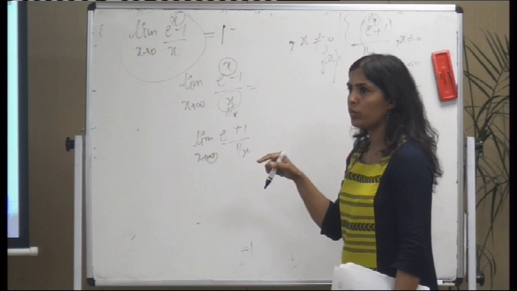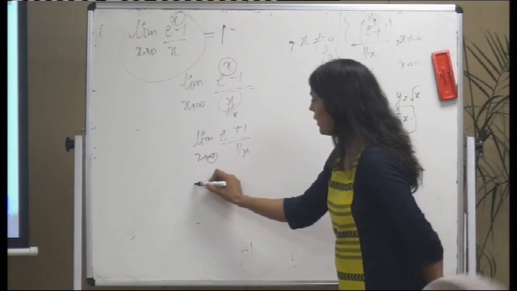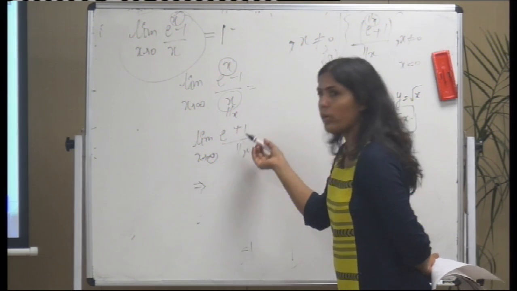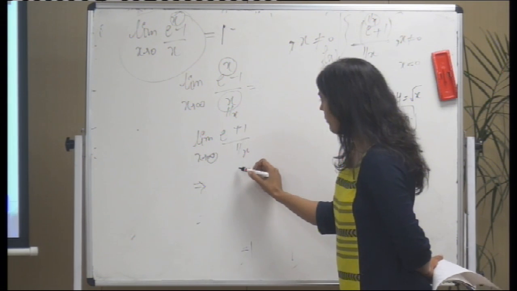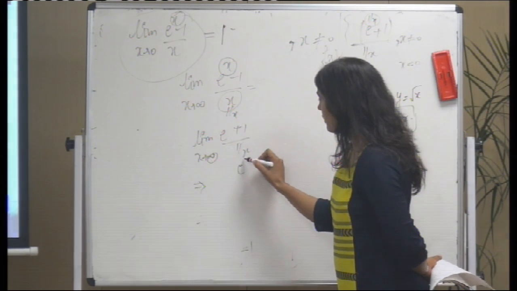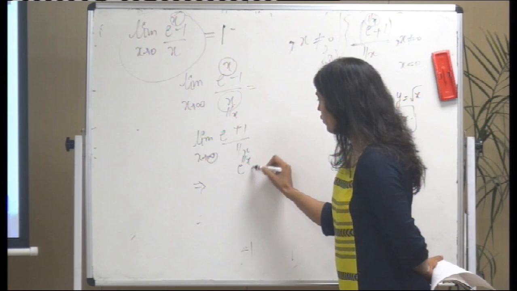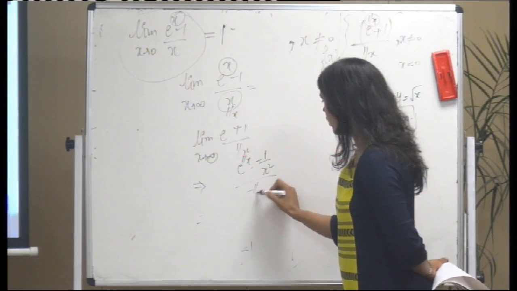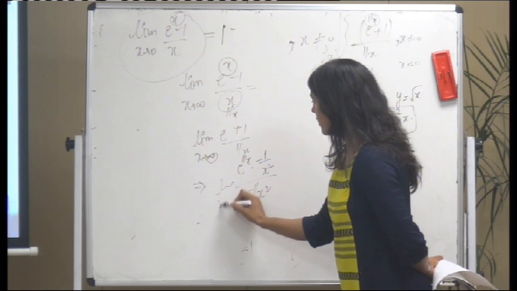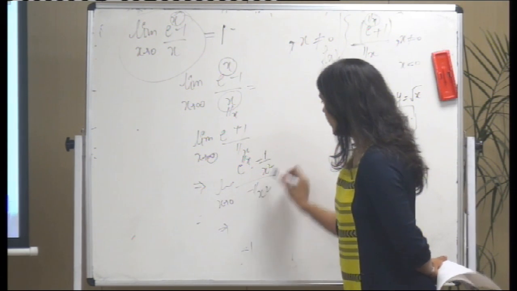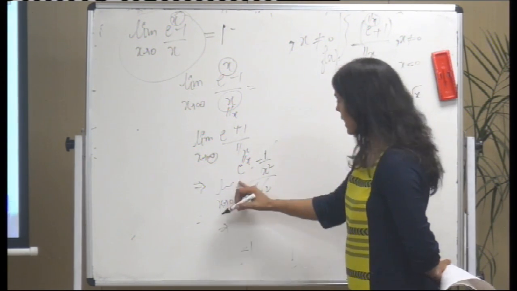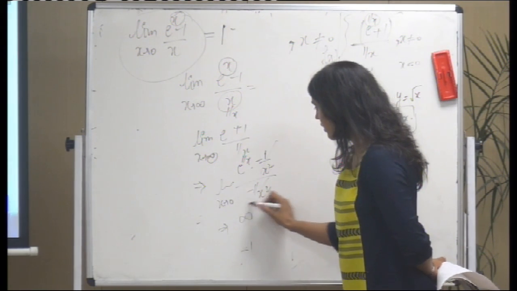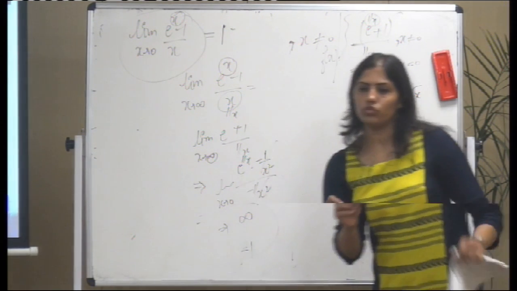What will you do? You will apply L'Hopital. So L'Hopital will be e to the power 1 by x then into minus 1 by x square, and in the denominator also limit extending to 0. So ultimately this gets cancelled, and e to the power infinity is what now your conclusion is for continuity.